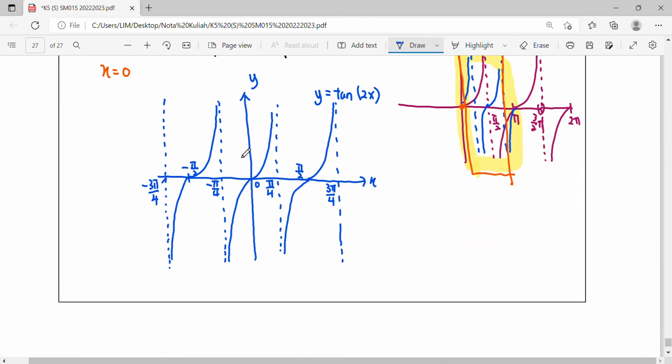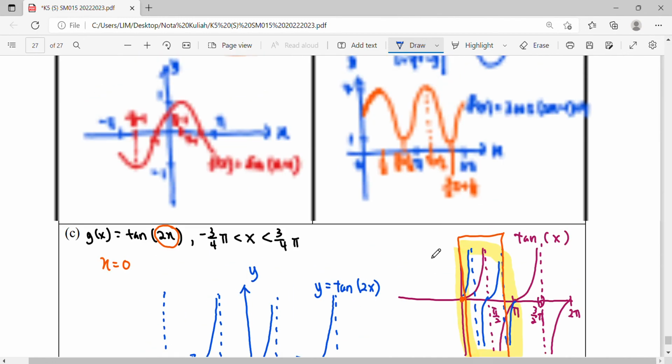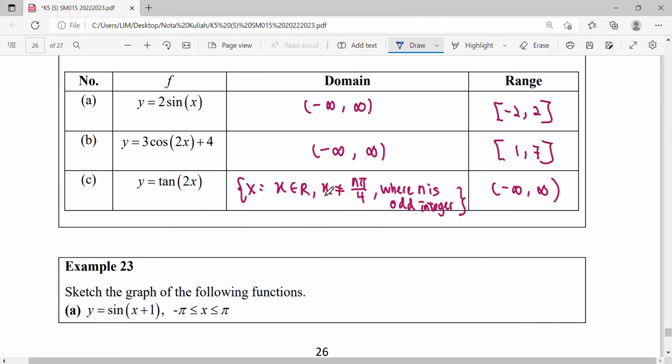Domain can be anywhere except for these asymptotes. So asymptotes occur at pi over 4, 3 pi over 4. So you can refer here, there will be pi over 4 and n. So 1 pi over 4, 3 pi over 4, odd integer. 5 pi over 4, negative also can.